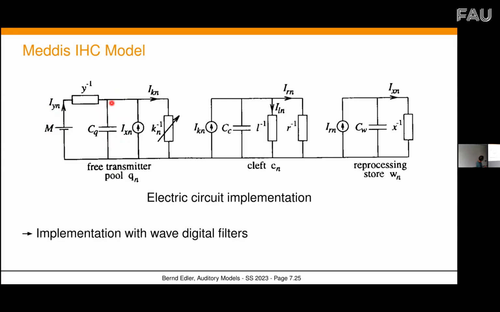But then there would be something going out here to the cleft, and this is depending on this factor K. And then this current flowing to the cleft is, in the current model, a current source here, which then would fill the cleft, and then here we see the loss and the reuptake.